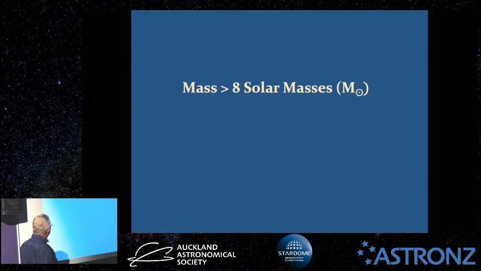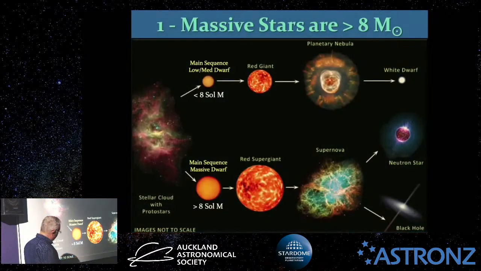Massive stars all have mass, or amount of matter, greater than 8 solar masses. This diagram is a good one to review how stars live, evolve, and die. You really tend to split stars into 2. Those less than 8 solar masses are called low to medium mass dwarfs.